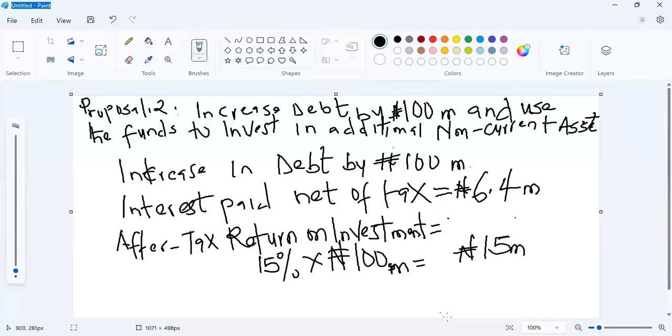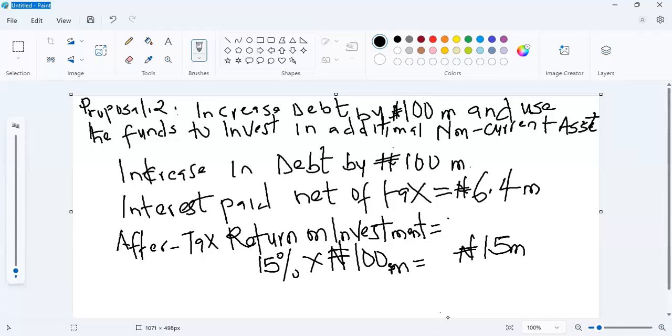Now we are going to ask ourselves, these two items, interest paid net of tax and return on investment after tax. What are the components of our financial statements that these variables will affect? Clearly, it will affect the profit after tax.